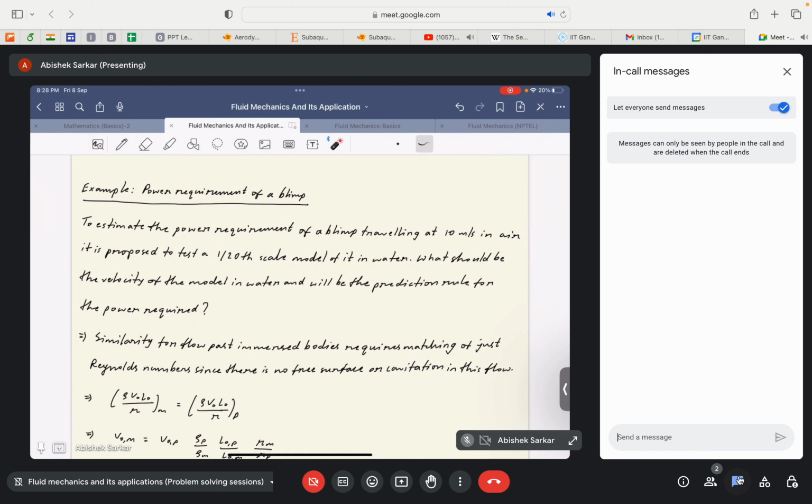This discrepancy is seen as an increase or decrease in the dimension of the prototype or the model, or in the magnitude of the velocity required to conduct the same experiment in the same fluid.